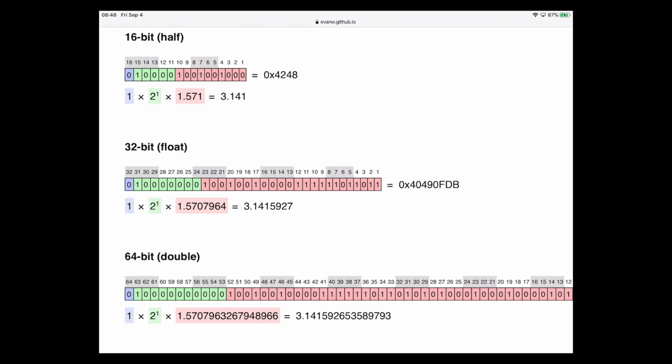And another thing we could notice is, what about the 16-bit? 3.141, it doesn't round up. So it's not so much a rounding thing, because it didn't round the way you would expect in both situations.